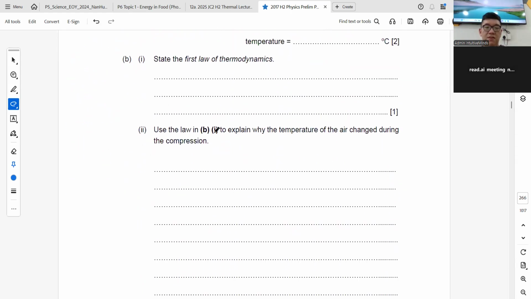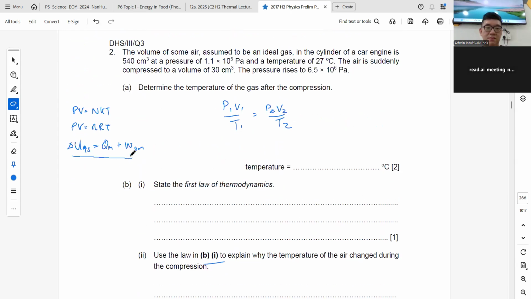Okay, use first law to explain why the temperature of the air changes.